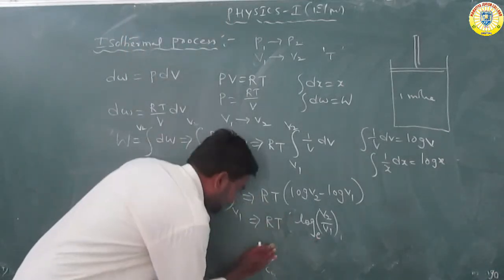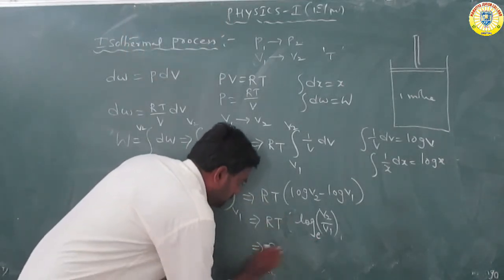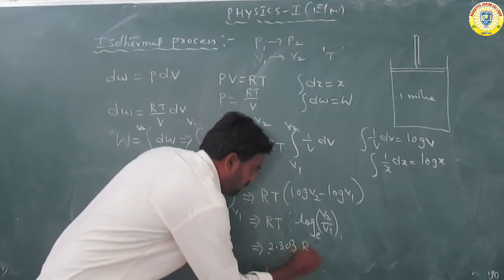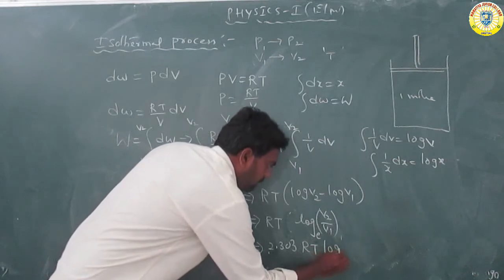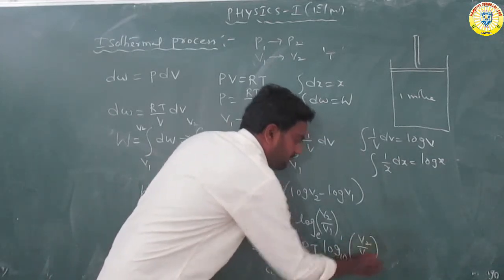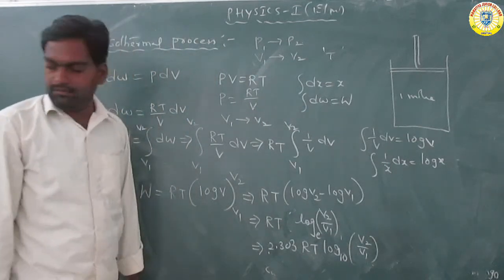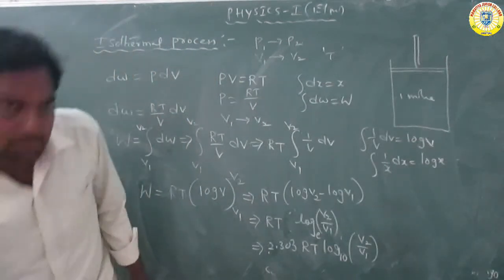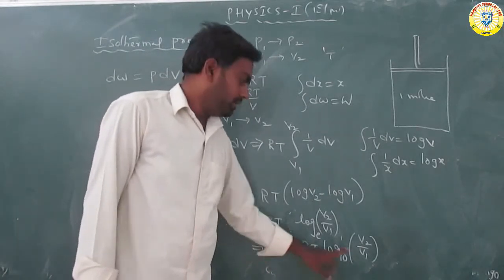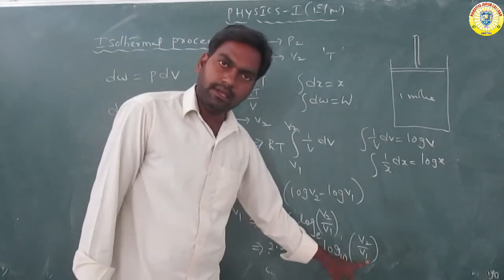So that equation we can write as 2.303 RT log base 10 of V2 by V1.